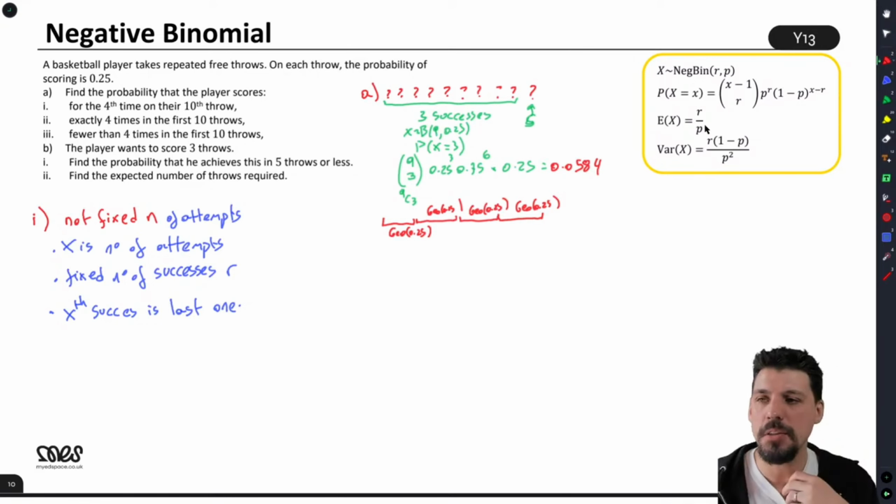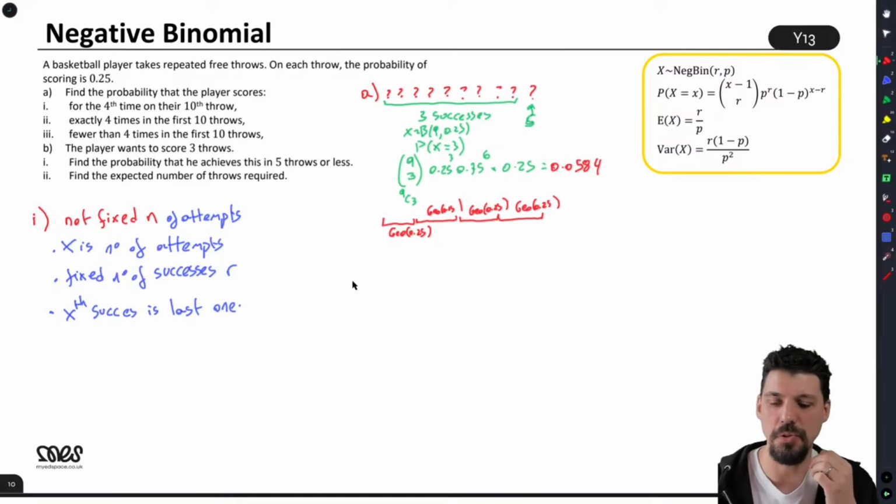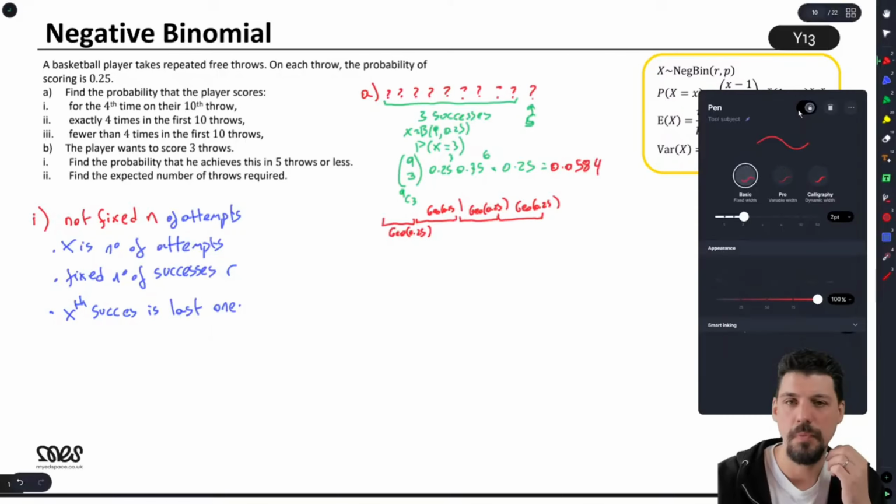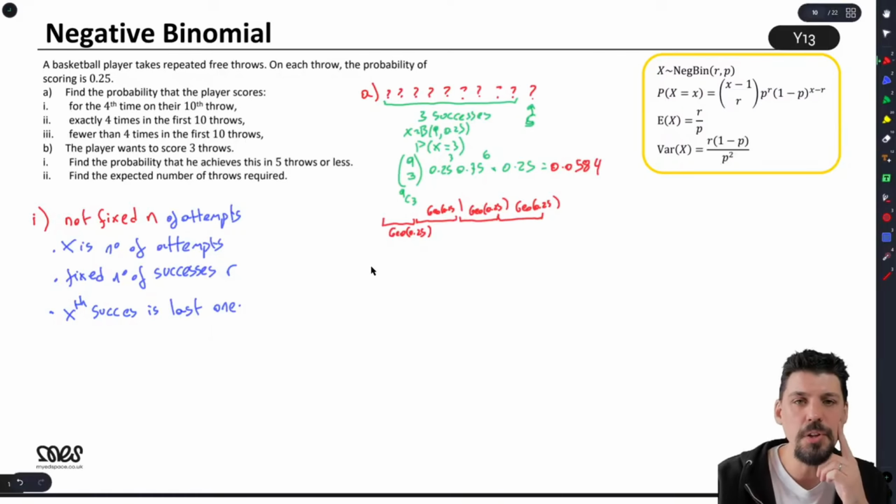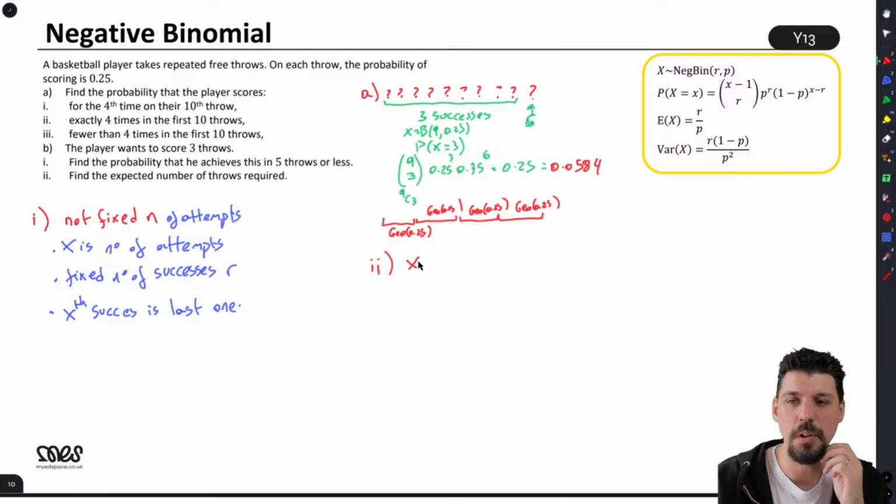Hopefully we are. So these formulae here, you can just get them from the geometric distribution as well. Because all you're doing is adding up a whole bunch of geometric distributions. Now, part 2, on the other hand, exactly 4 times in the first 10 throws, well, that is now just a binomial.